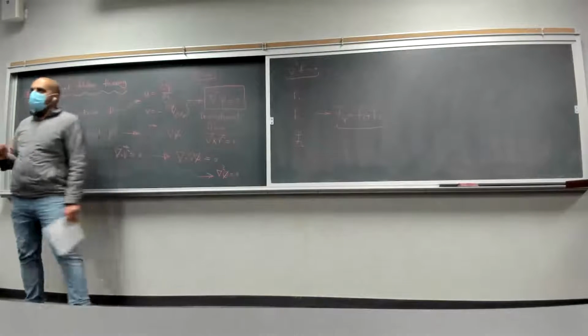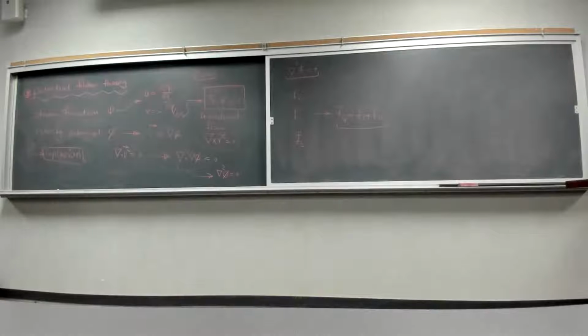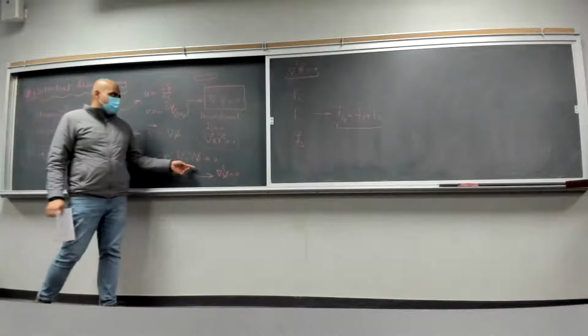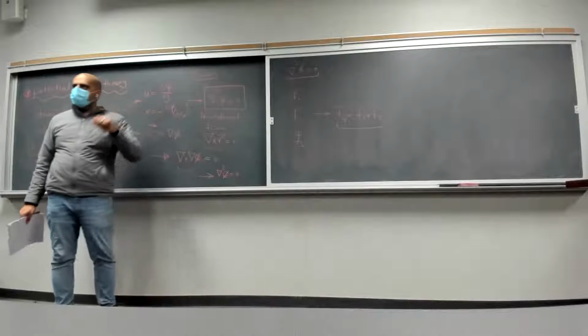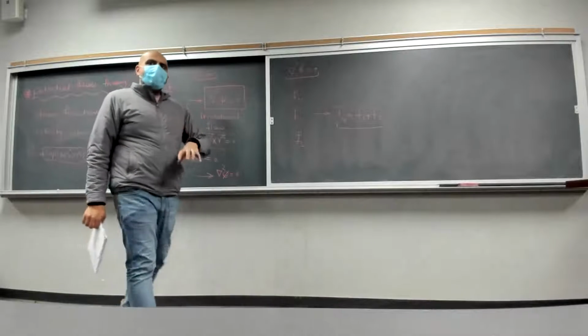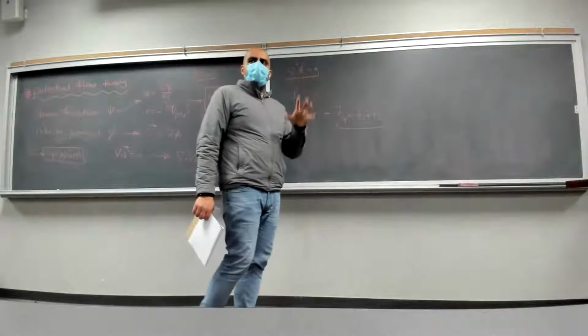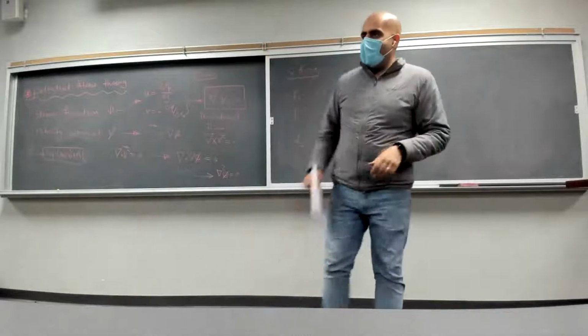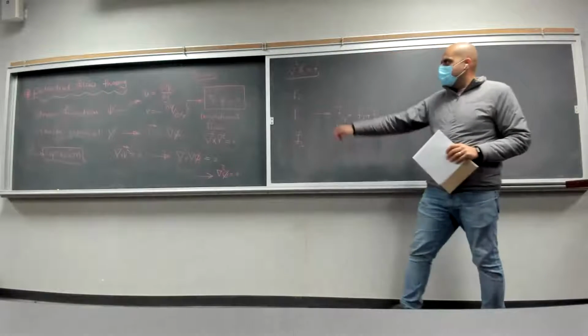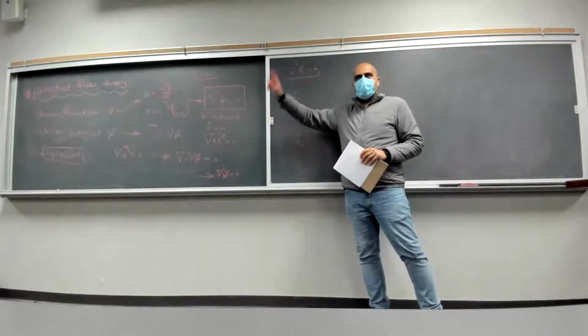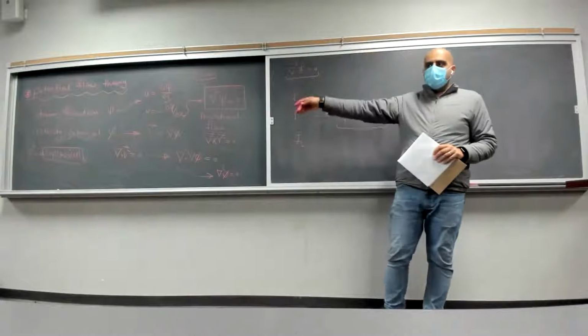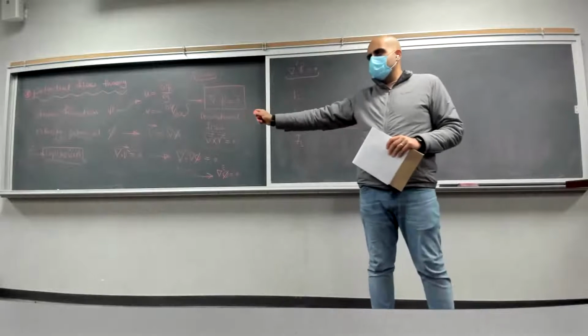What does this mean? It means that if we have very elementary flows for which we can find the velocity potential and the stream function, then we can create more complex flows by just adding the stream function for one flow plus another flow. Does this make any sense?